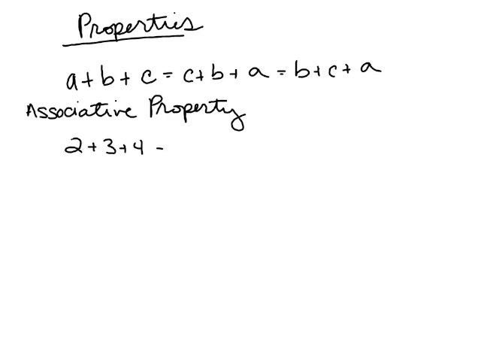How can I rewrite that? 3 plus 4 plus 2. Or 3 plus 2 plus 4. Or I can get really tricky and go 3 plus 4 plus 2. Do those all mean the same thing?